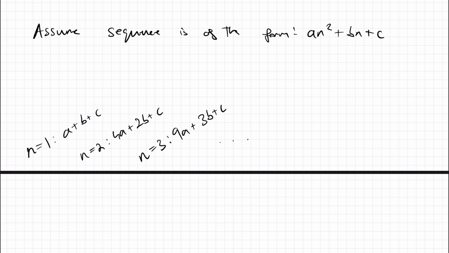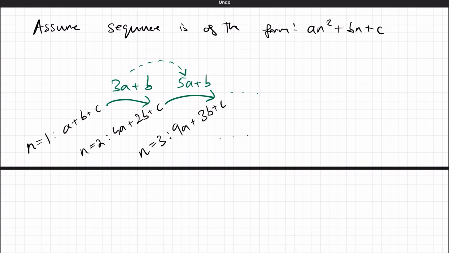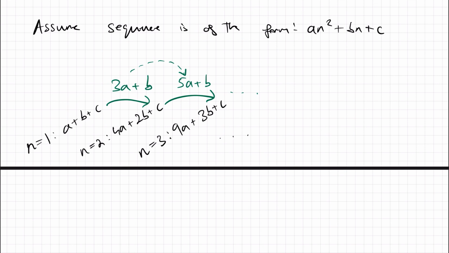Now, if we look at the jump from this to this, the difference between these two is 3a plus b. When you subtract a plus b plus c from 4a plus 2b plus c, you get 3a plus b. And the jump from this to this, that's clearly 5a plus b, since you subtract this from this and you will get 5a plus b. And this continues on like so. And the jump between the first two differences in the first row, that's just a constant, 2a.